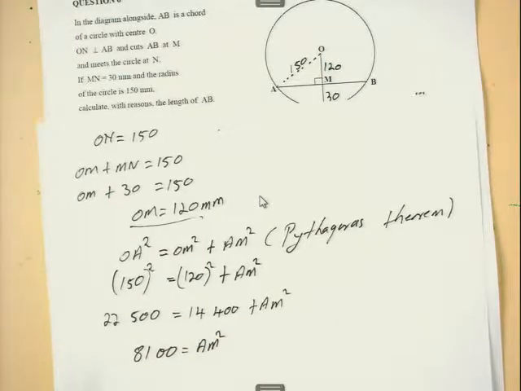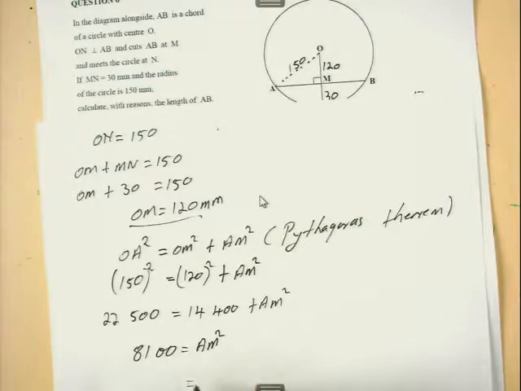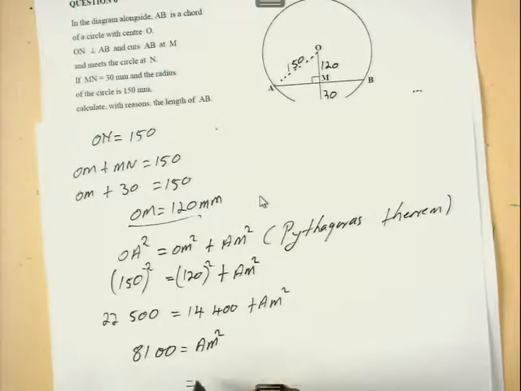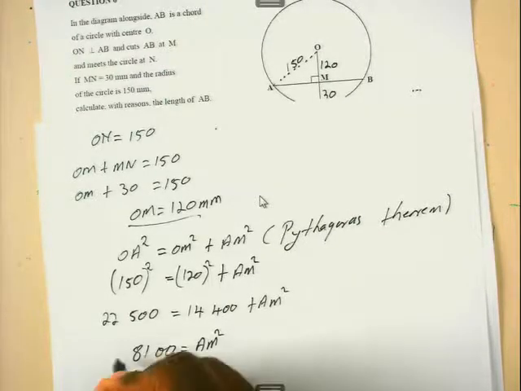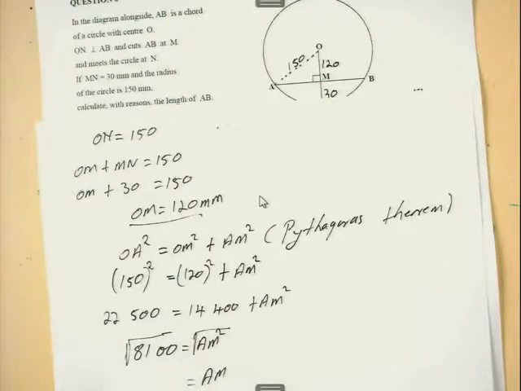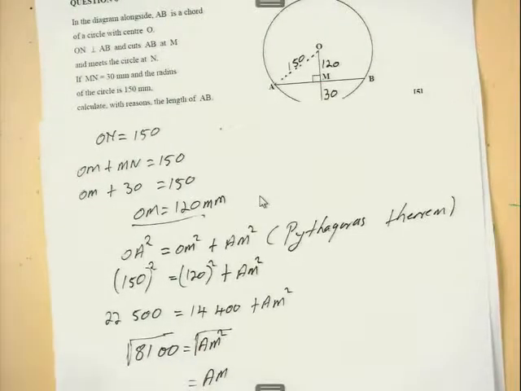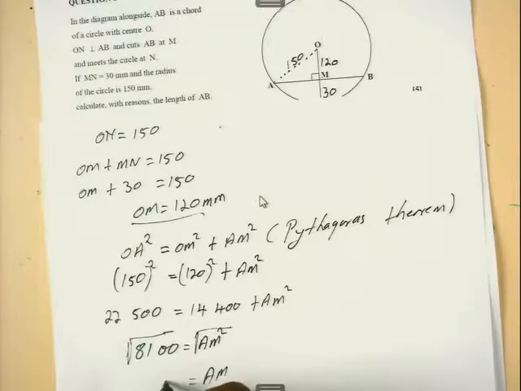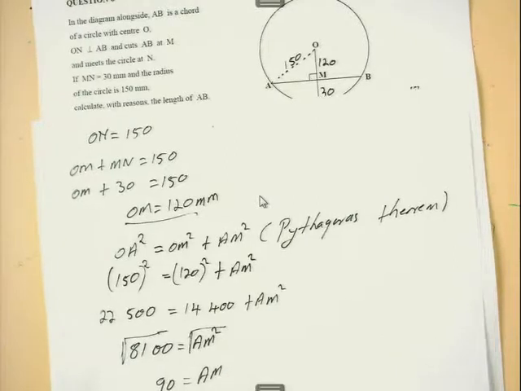Now we can determine the length of AM by taking the square root on both sides. Therefore AM will be equal to the positive square root of 8,100, which gives you 90.